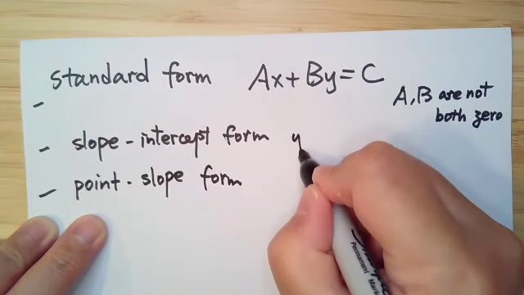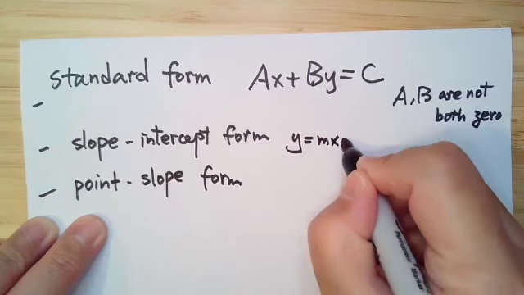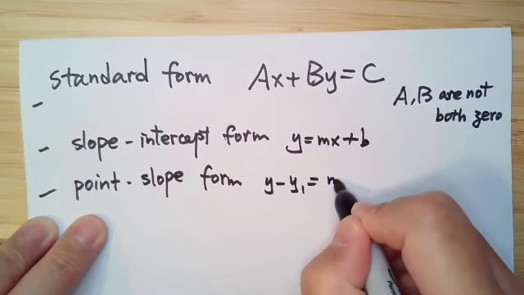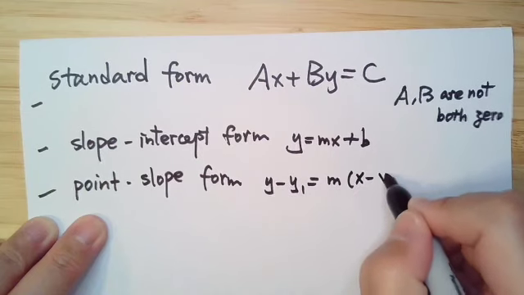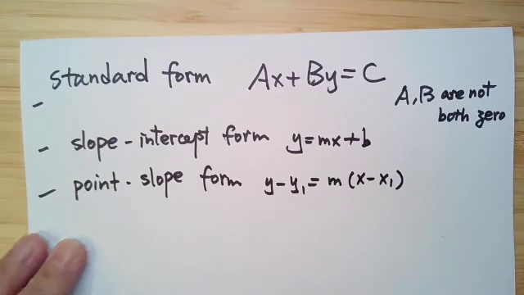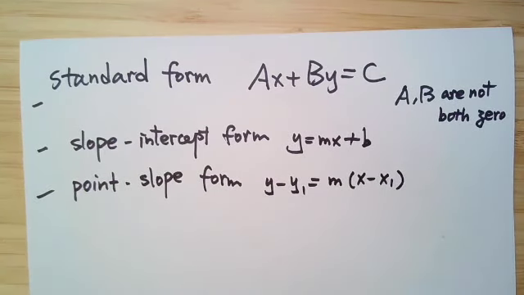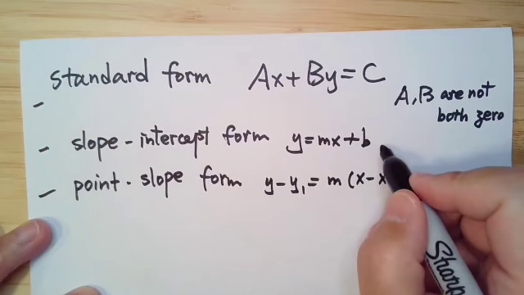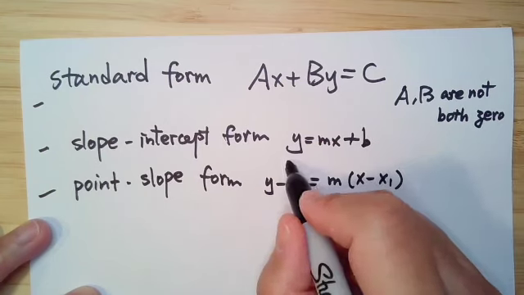This is y equals mx plus b. This is y minus y1 equals m times x minus x1. So we're going to convert from here to there and from there to here, so we get familiar with that. We spend most of the time today to get familiar with this.